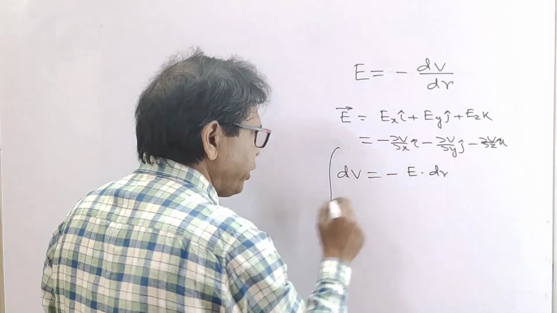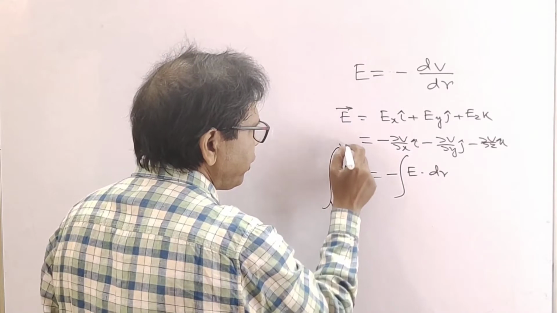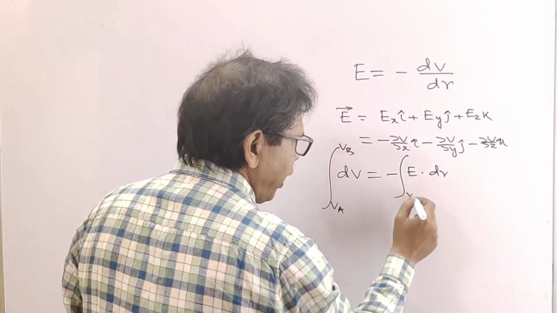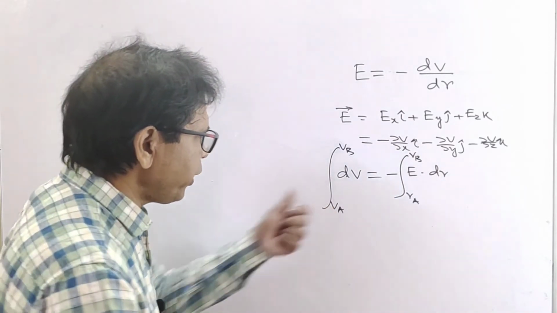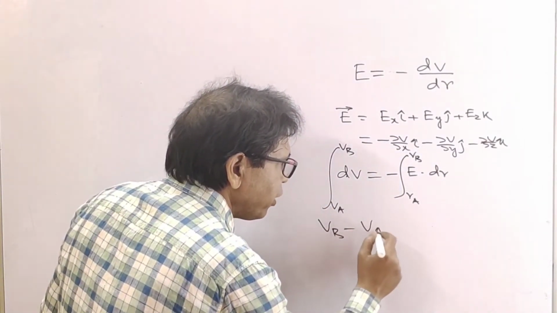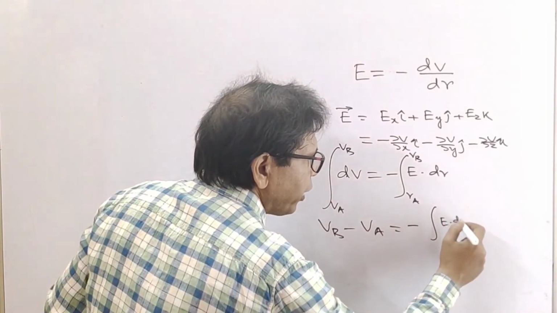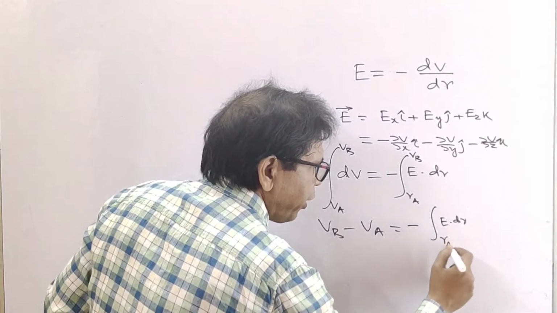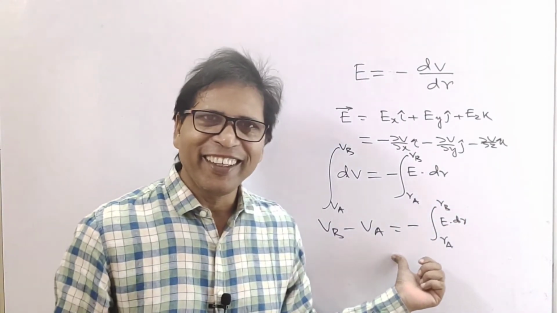Now if we integrate this, suppose this is VA and this is VB, and this is RA and this is RB. So we get VB minus VA equals minus integration of E into dr from RA to RB. Okay, understood?